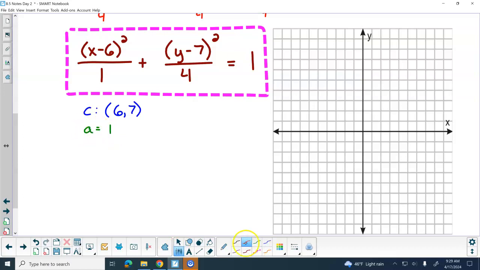What is the B value of this one? 2. So I go over to 6, 7. There's that. I go left and right 1. I go up and down 2. That gives me my teeny tiny ellipse.